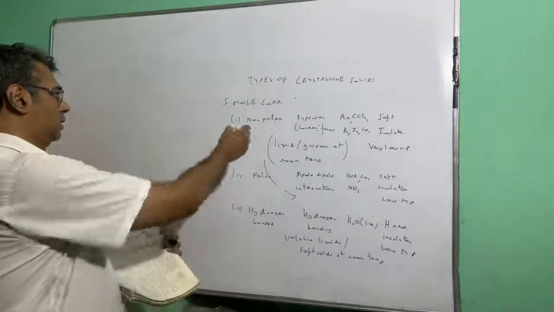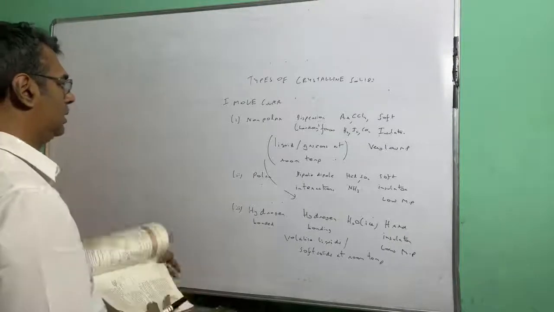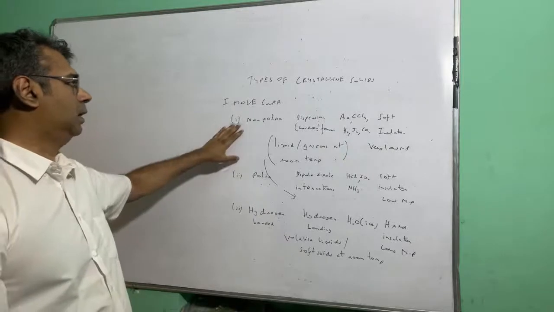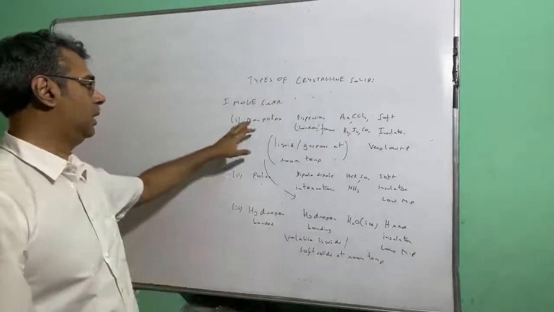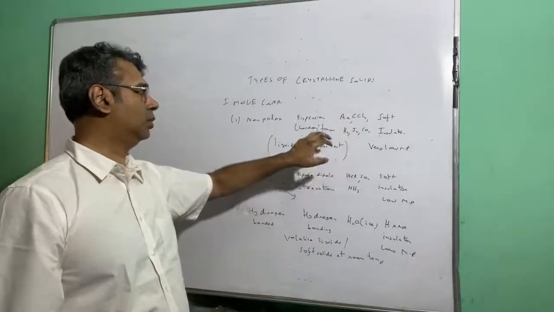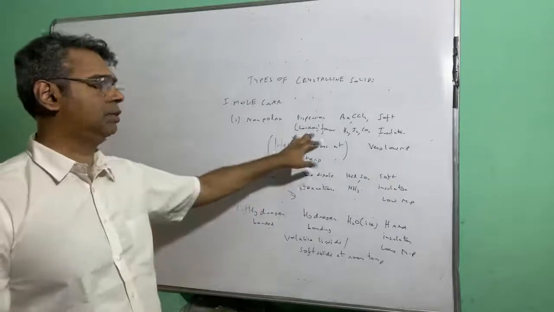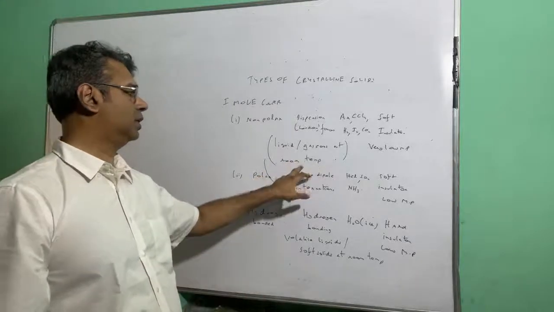So these are the three categories of molecular solids. As the name suggests, the solid is made up of molecules. They can be non-polar, like argon, CCl4, H2, I2, CO2. The only forces between the molecules are dispersion forces, which we also call London forces. They are liquid or gaseous at room temperature.